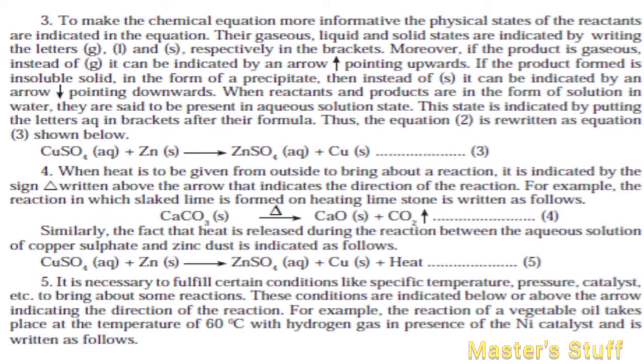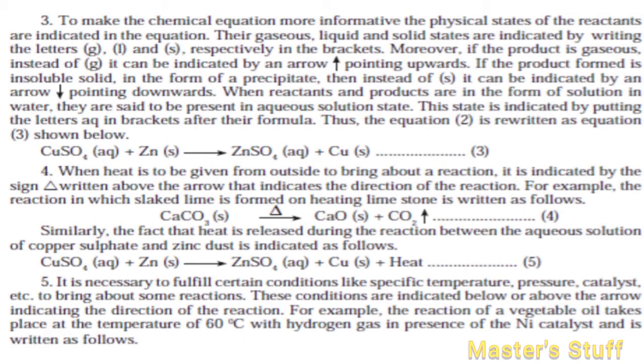Thus, equation 2 from before can be represented as CuSO4 (AQ), that is, it is in aqueous state, plus Zn (S), that is, it is in solid state, gives ZnSO4 (AQ) plus Cu (S), as they are in aqueous and solid state respectively.